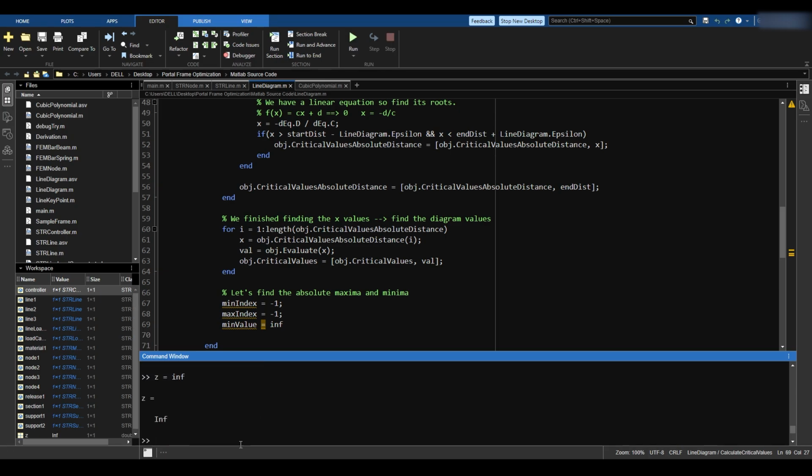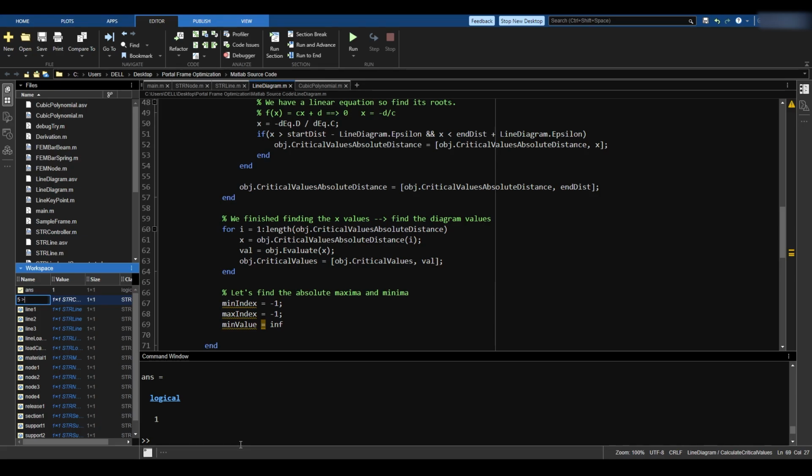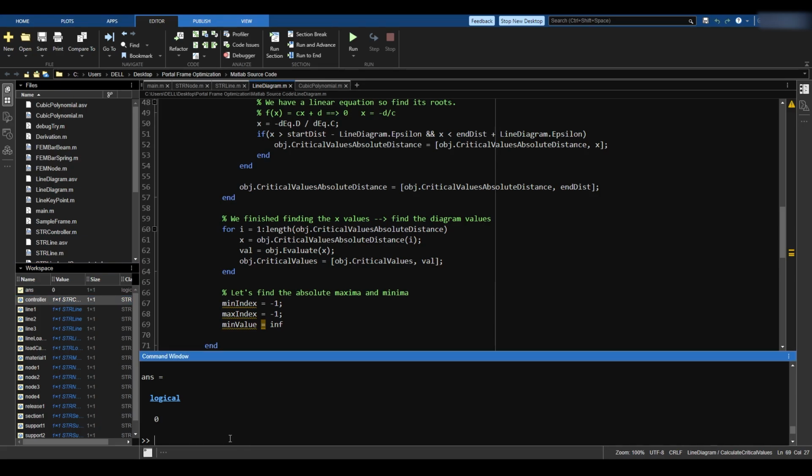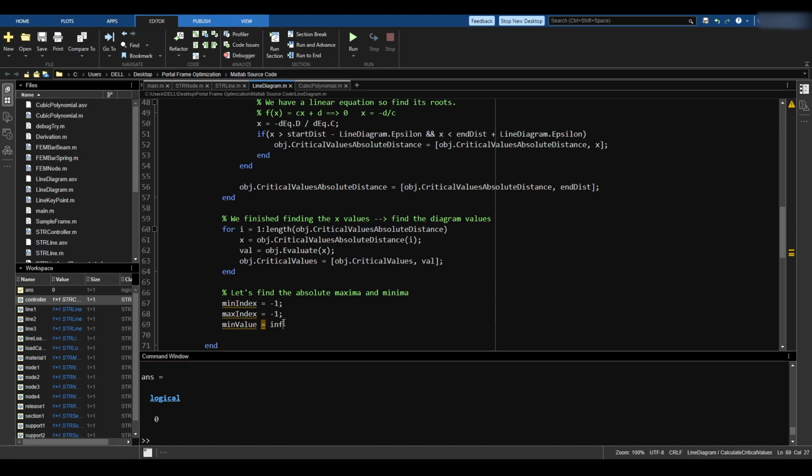So now I will say 5 less than z. Does it understand it? Yes. Okay, 5 more than z? No. Okay, now let me say z equals -infinity, a big negative number. So 5 more than z. Okay. 5 less than z. Okay, understands it. So here I would say inf for infinity, a big number. For max value, I'm going to go for the very small number, -infinity. This is typical programming stuff.